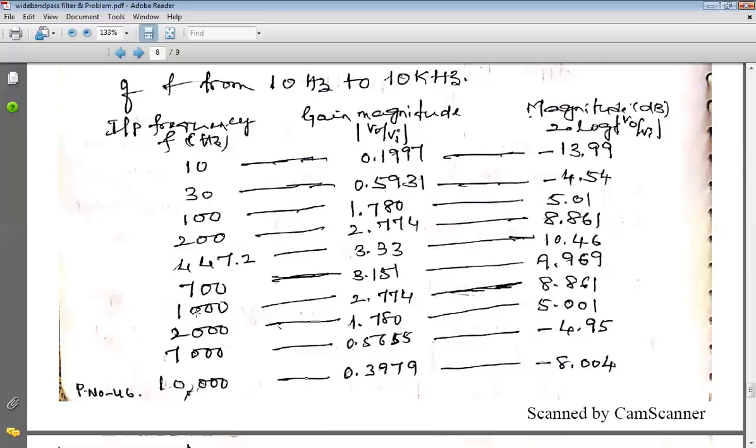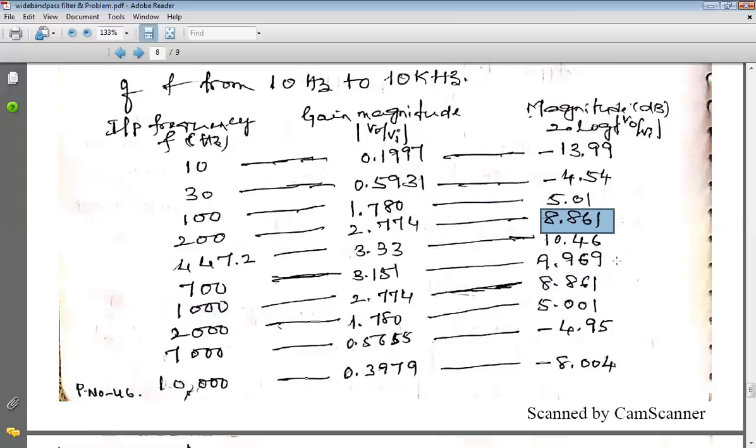At 1000 hertz it becomes 3 decibels down, or rolls off at the rate of minus 20 decibels per decade. Here it rolls off at the rate of plus 20 decibels per decade from 200 hertz.